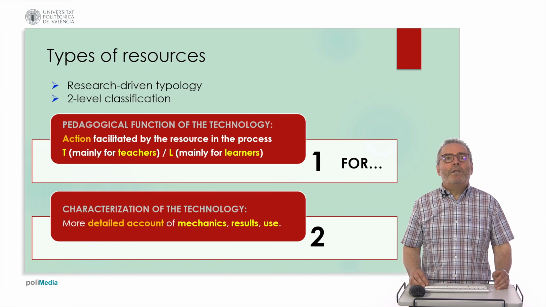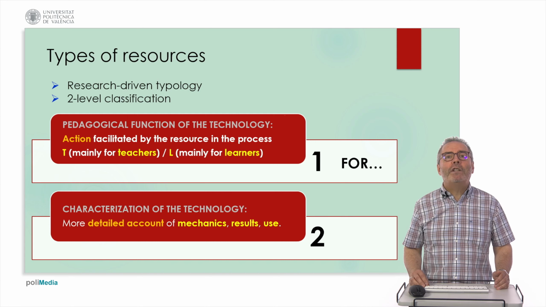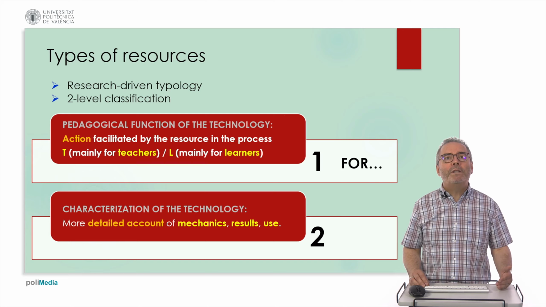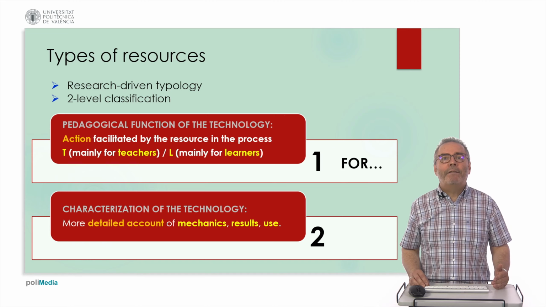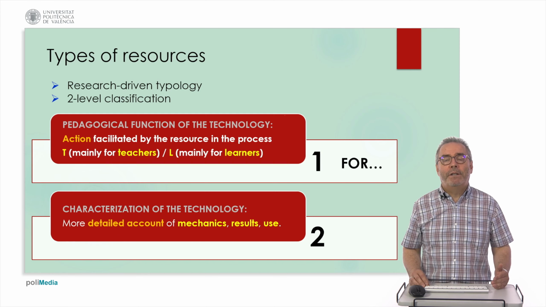This typology is totally research-driven, and it has two levels. At the first level, it tells us the pedagogical function of the technology. That means the action that is promoted or enabled by the resource in the process of language learning and teaching. We put a T if it's mainly for teachers, or L if it's mainly aimed at learners.